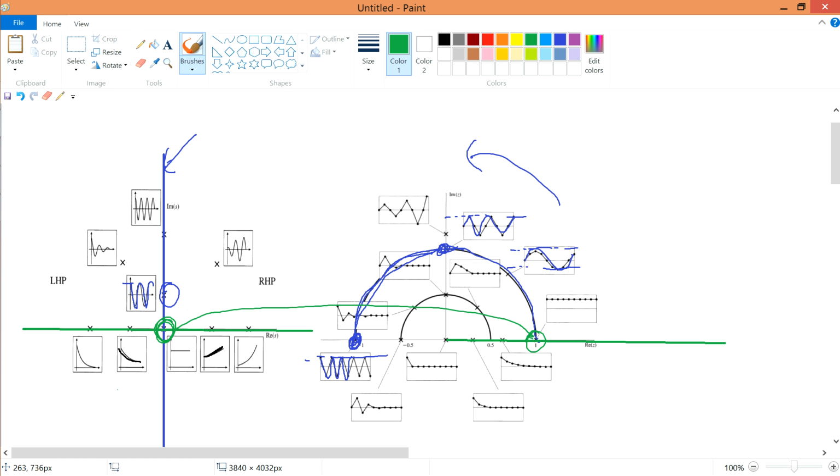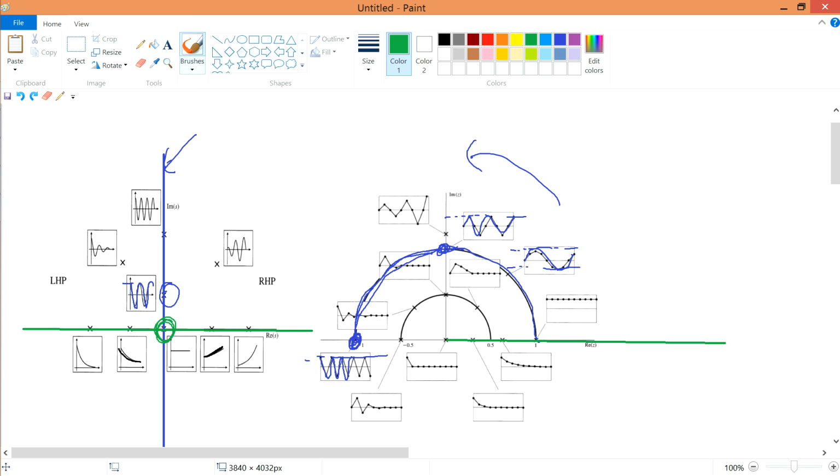So the further you go towards the left half plane, the more you are going towards the origin of the z-plane. So you are going towards this side. For example, if it goes towards infinity, then this graph over here is going towards 0. This is the rule.